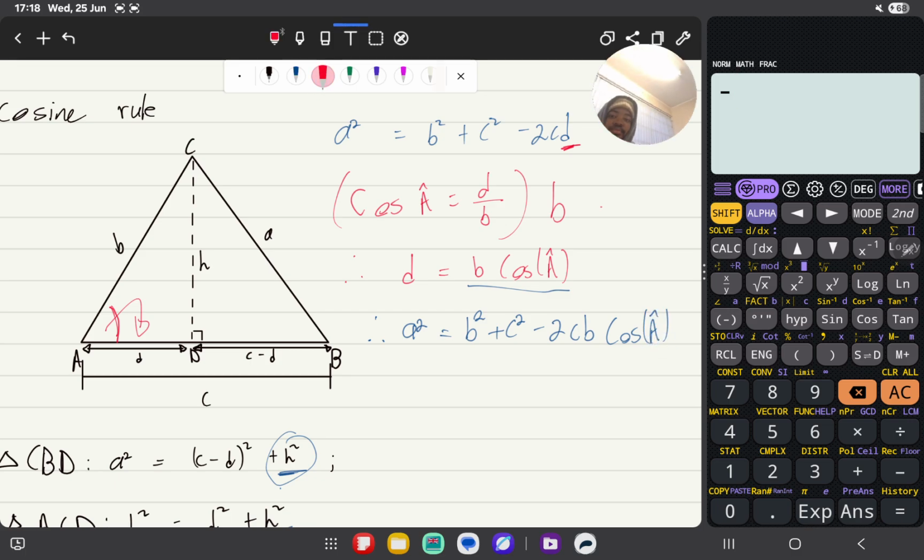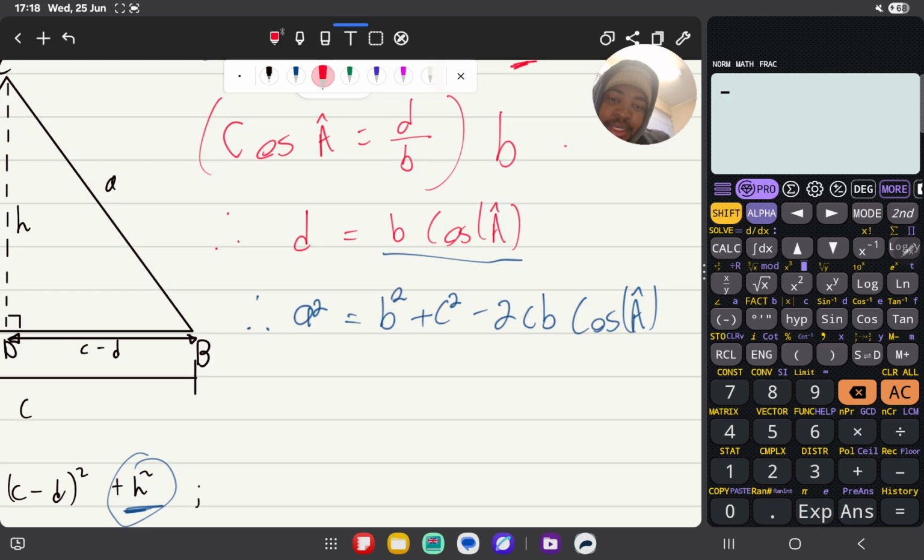And yes, right here, my friend, we have derived the cosine rule. This is what the cosine rule says.